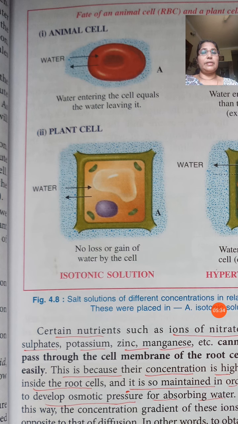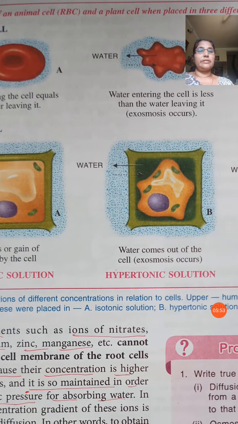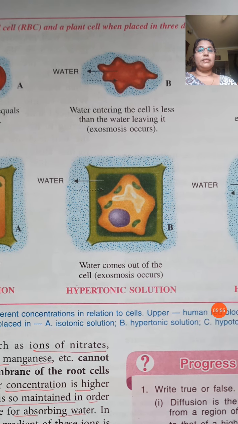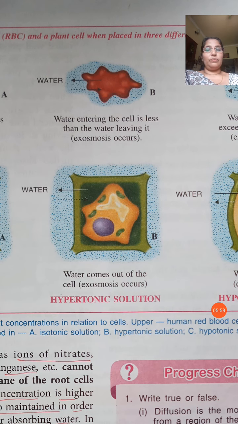An animal cell and a plant cell are taken here. If we put the plant cell or animal cell, here RBC is shown, there is no entry of water or loss of water, no loss or gain of water by the cell. So the cell will be in the same state. Then in the second case B, the cell is put in hypertonic solution. Then water entering the cell is less than the water leaving it. So exosmosis takes place.